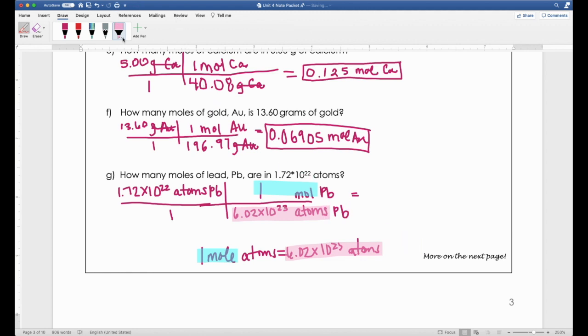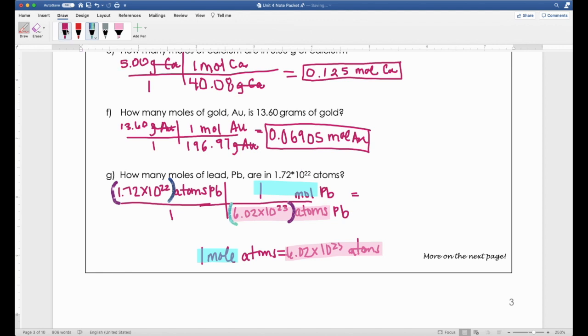I think the biggest issue with these is making sure you type these numbers in parentheses. So in your calculator, you need to use parenthesis, 1.72 times 10 to the 22nd, close the parenthesis. Then do a division sign and then a new parenthesis, 6.02 times 10 to the 23rd, close that parenthesis again.